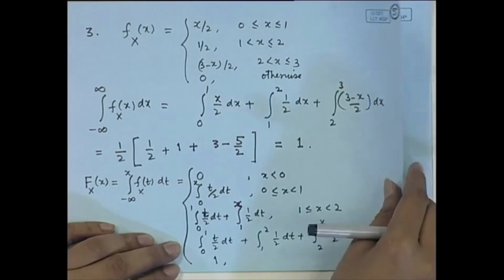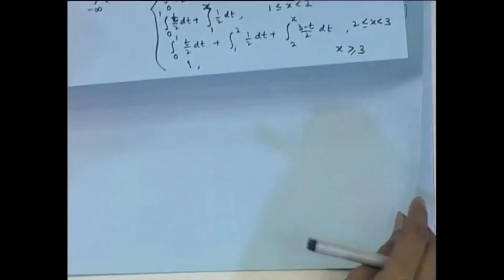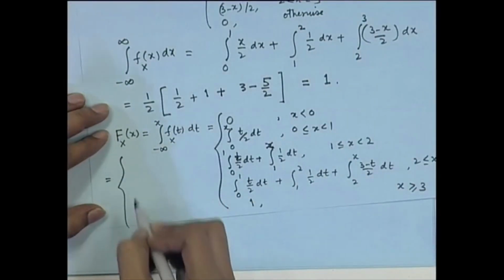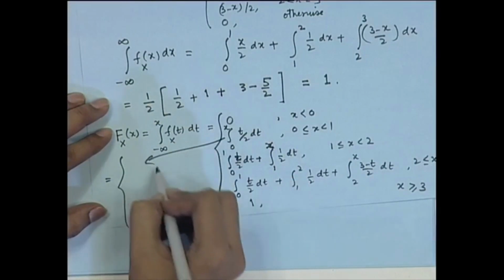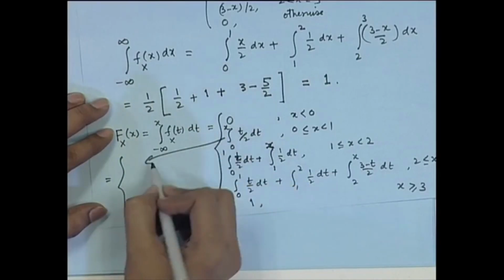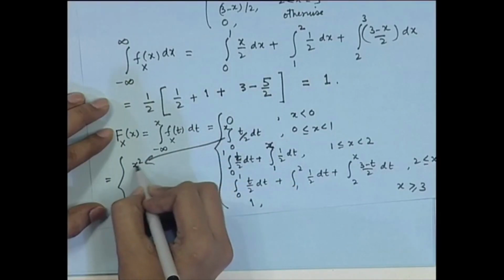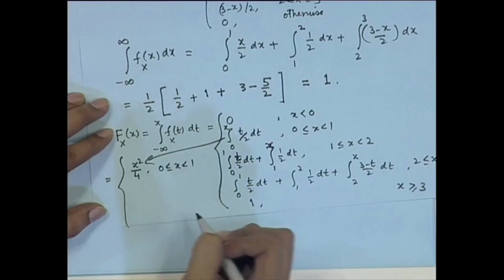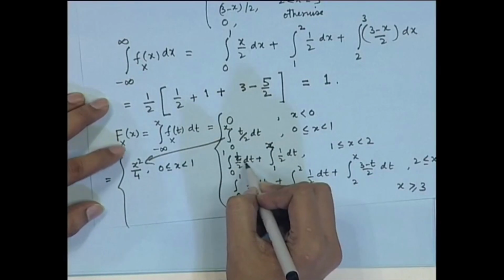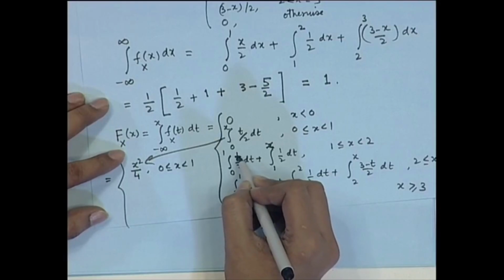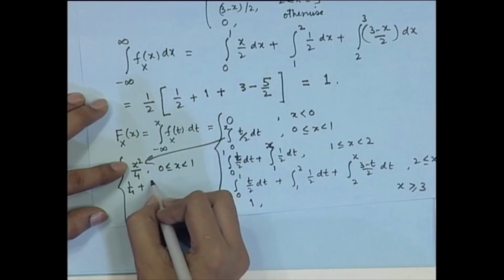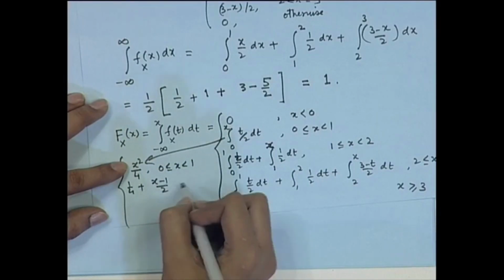So, if we simplify these terms, let us look at this one, it is equal to x square by 4. Here up to 1 it has been integrated, therefore, this will be 1 by 4 plus (x minus 1) by 2.